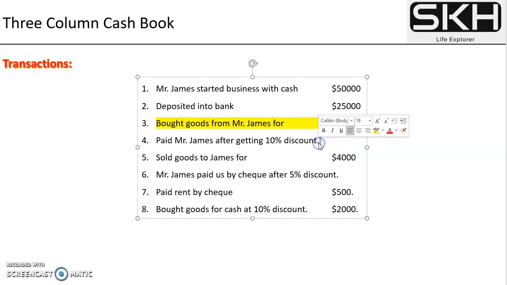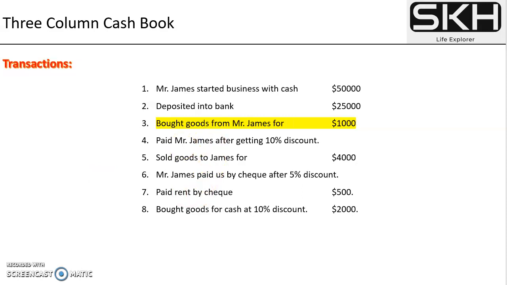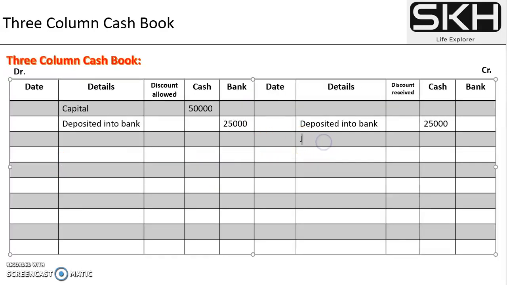You can use a calculator to calculate. So we are getting 10% discount when we had to pay 1,000 to Mr. James. We are paying him by cash, so we will write the name Mr. James here. How much discount is he giving us? 100. And how much are we paying him then? 900. This is how we record discount in our cash book, discount received.